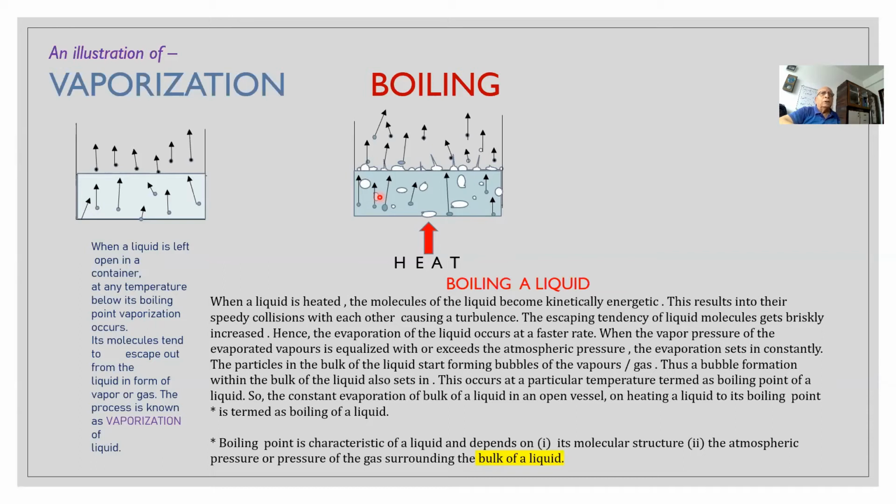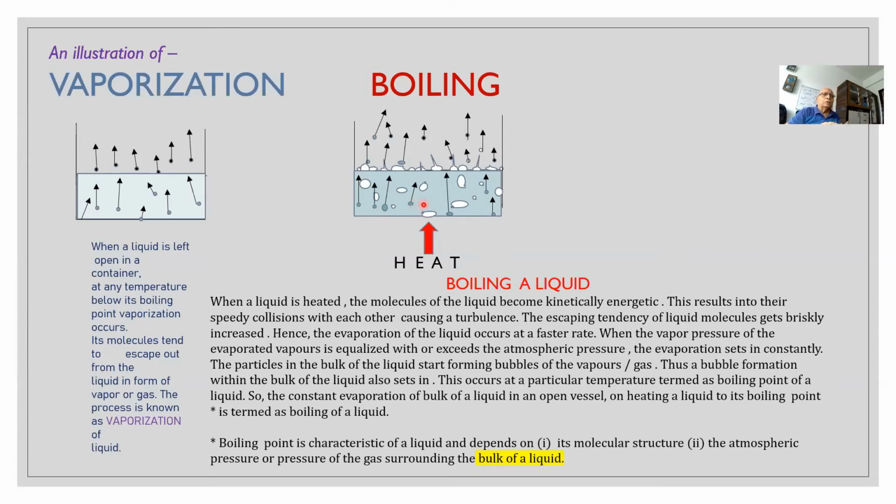And because of the increase in their thermal energy, they become more kinetically active. They move faster. This energy is converted to kinetic energy, and their escaping tendency becomes greater. It goes on increasing.